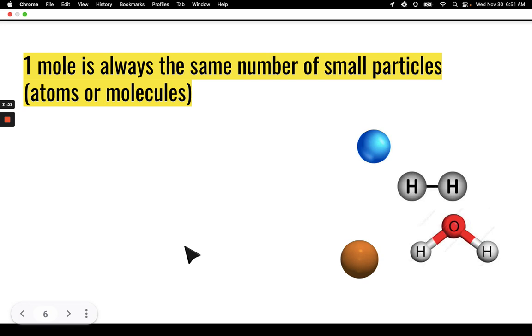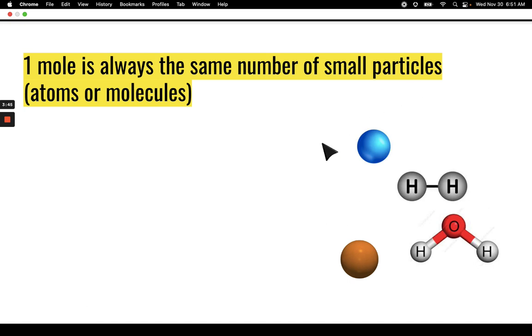Now, 1 mole is always the same number of small particles. I just want to emphasize that just like we can use a dozen with either eggs or donuts, different kinds of food items are convenient in a dozen, I use moles for small particles. And we've learned in previous units 2 types of very small particles.